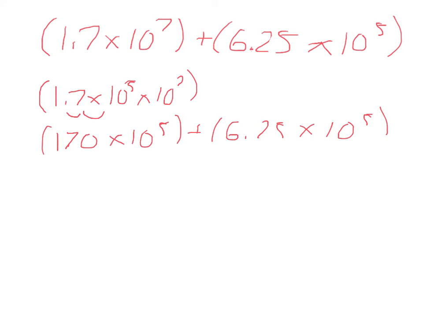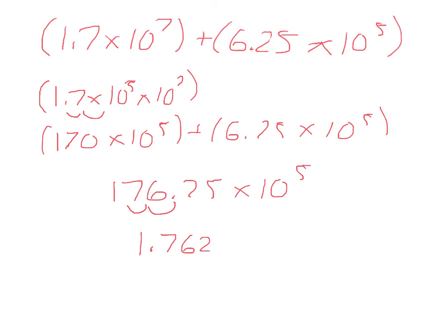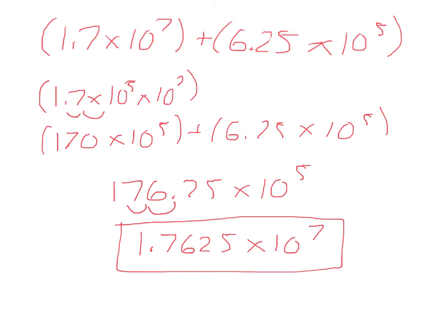Well, that ends up giving me 176.25 times 10 to the 5th. Well, obviously I can't have that. I've got to move that over twice, which is another times 10 squared, to get 1.7625 times 10 to the 7th power. And there you go. And that's how we add, and the same method is used for subtraction. So that concludes today's notes.